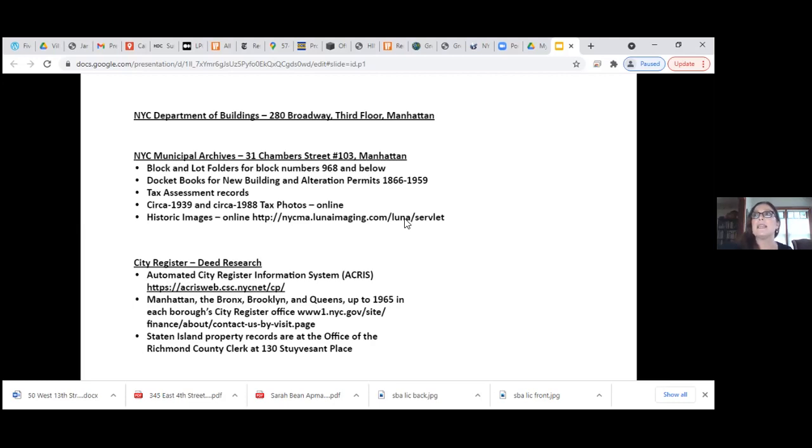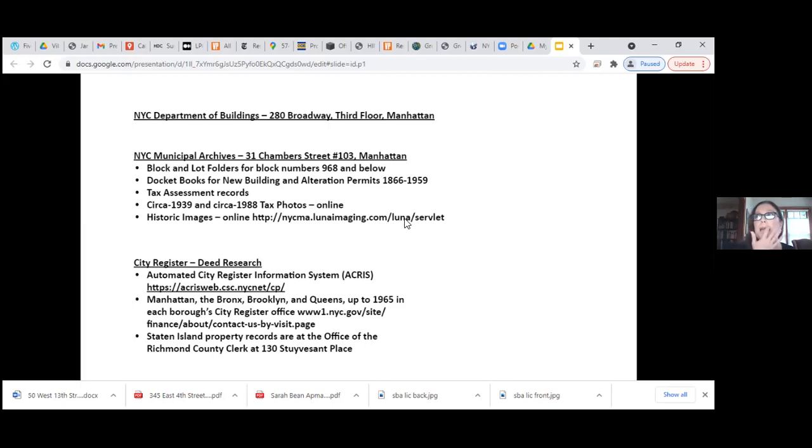Note that this is great for buildings, again, before the permits were required. So, I gave you those dates for when permits started to be required for each of the boroughs. So looking at the tax records can help in terms of dating a building before the new building permits existed.